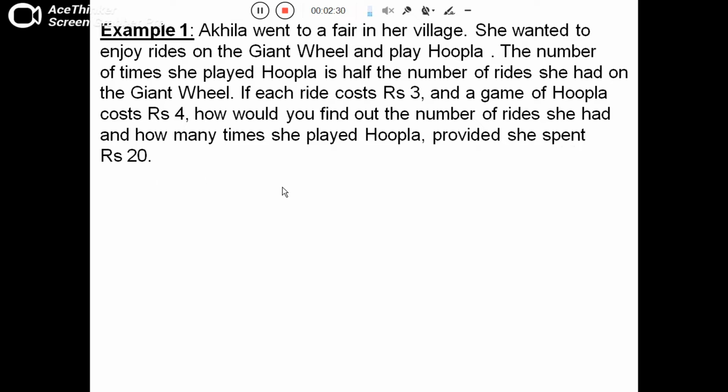So let us find the solution of this problem. Once again, understand it easily. In this solution, first of all we have to suppose something.